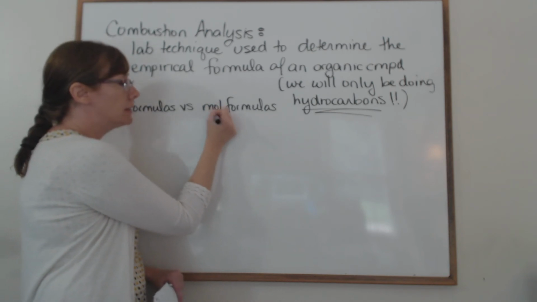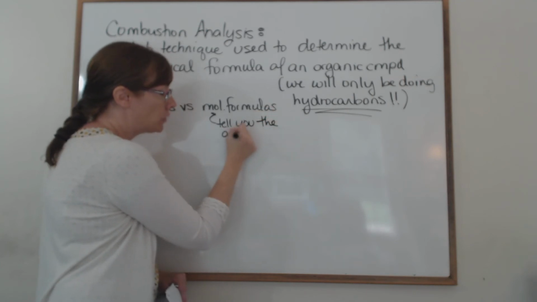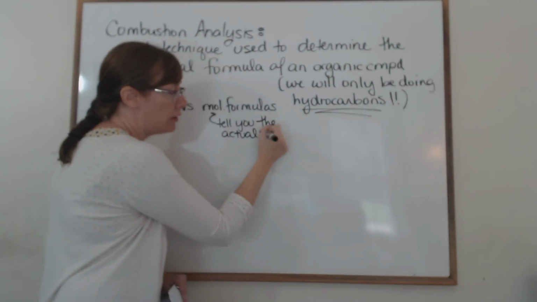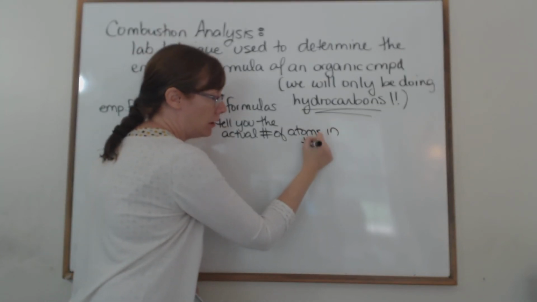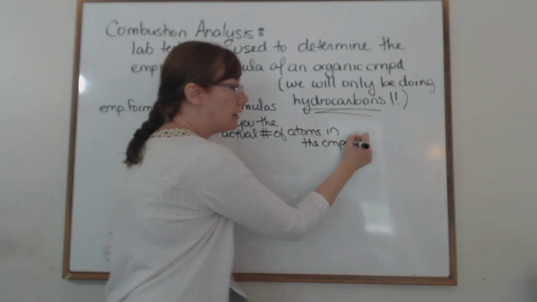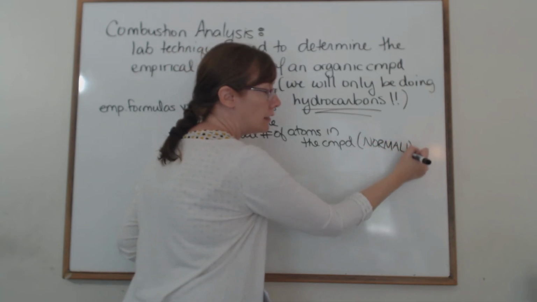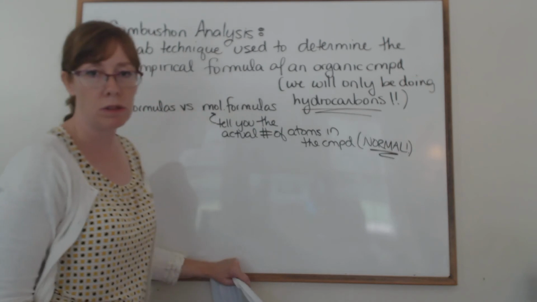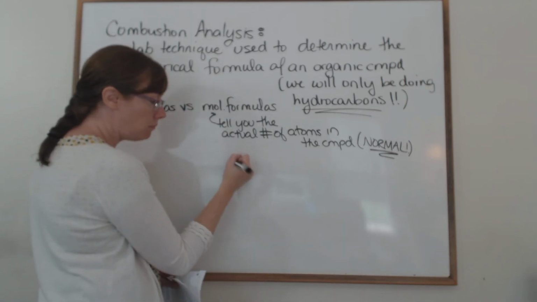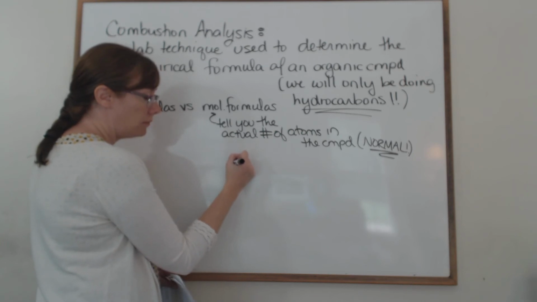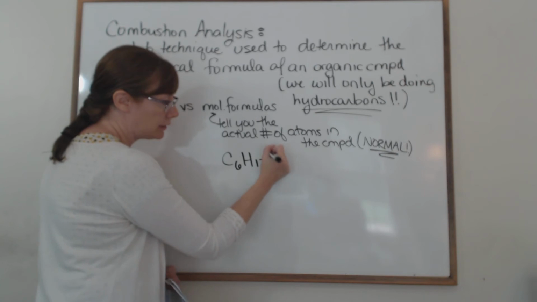Molecular formulas tell you the actual number of atoms in the compound. And this is basically the normal type of formula. We have been doing these or using these the whole time. So molecular formulas are things like, let me use this one, C6H12O6.